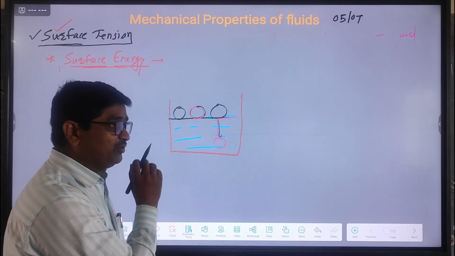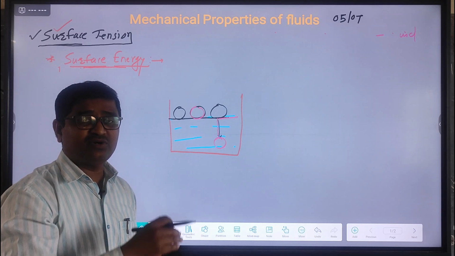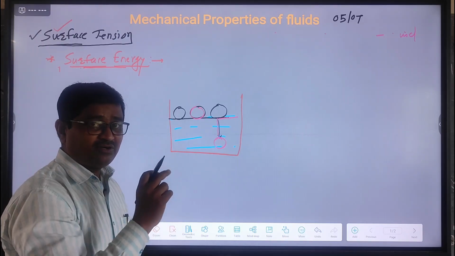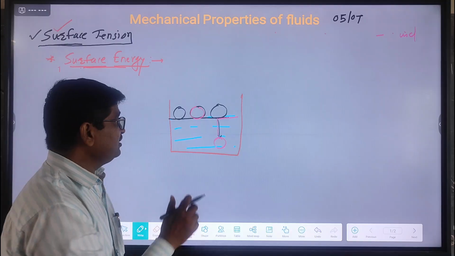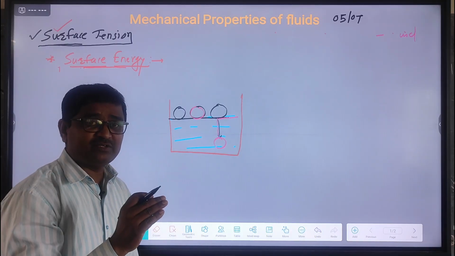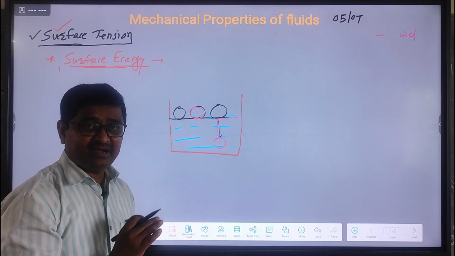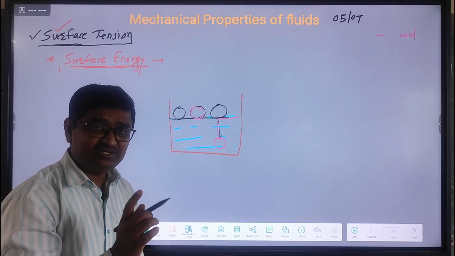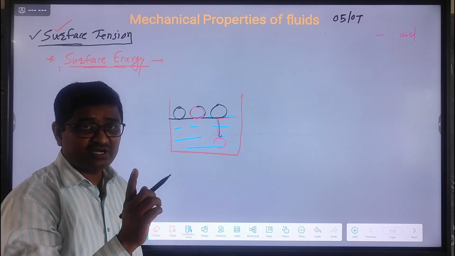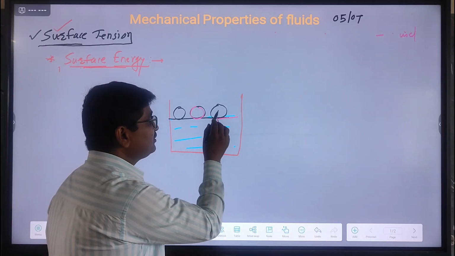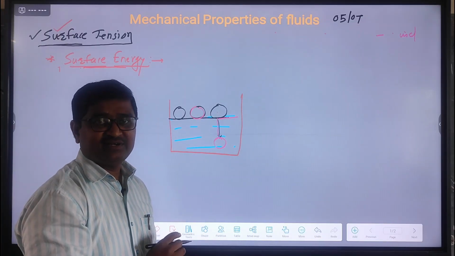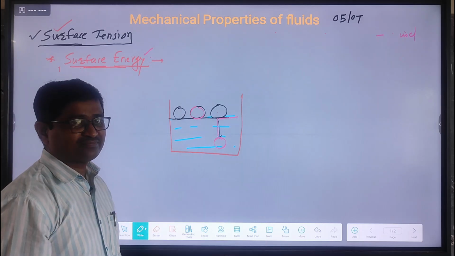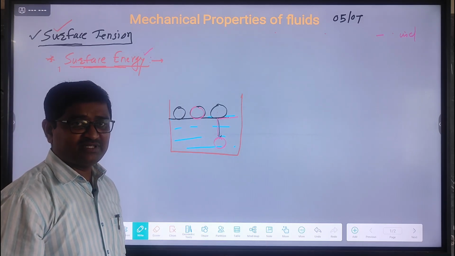Now such extra potential energy of the molecules on the free surface of liquid, per unit area, is called surface energy. The extra potential energy for those molecules on the free surface of liquid is called surface energy. You get it clear, the concept of surface energy?